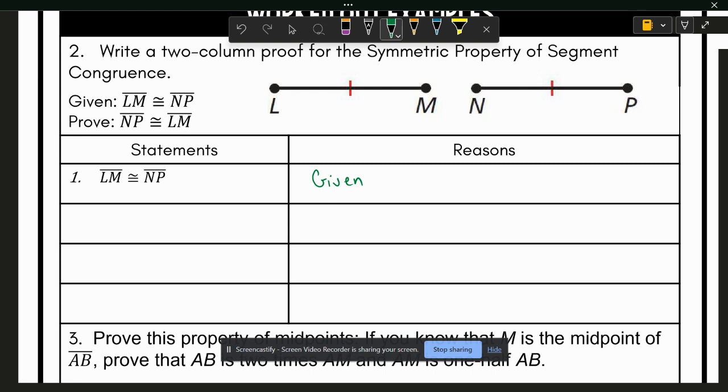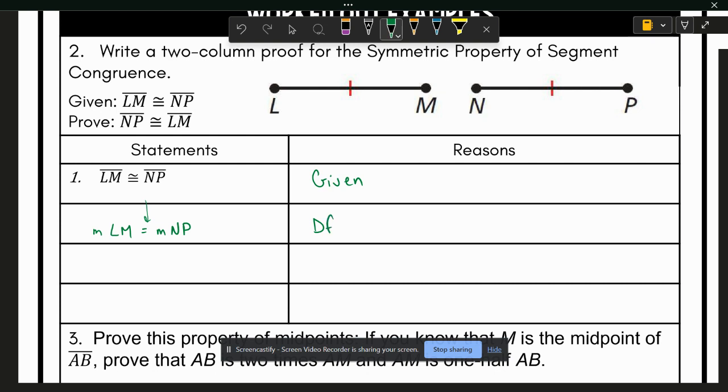So now I'm going to say that the measure of LM is equal to the measure of NP. I went from congruency to equality.